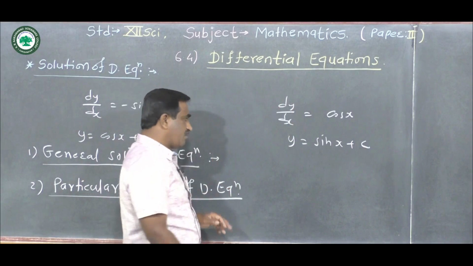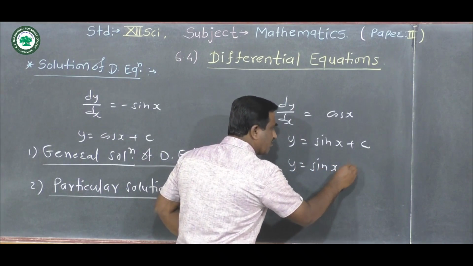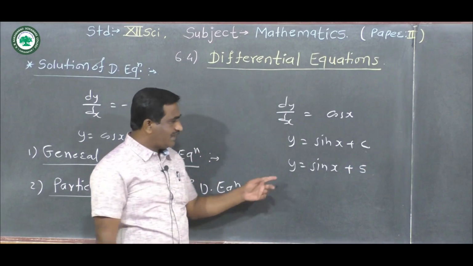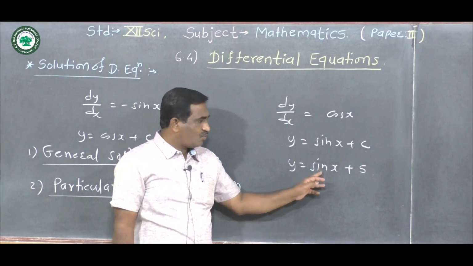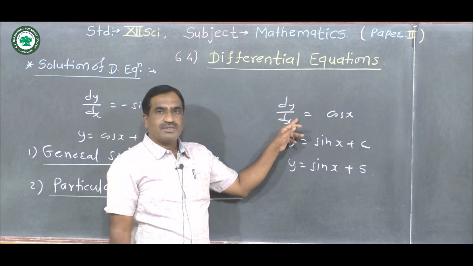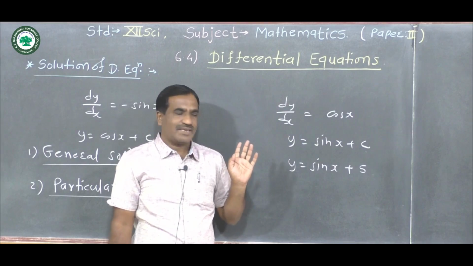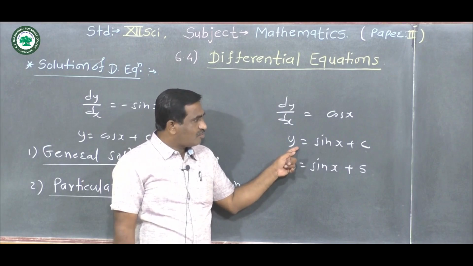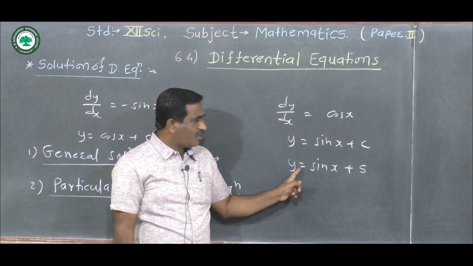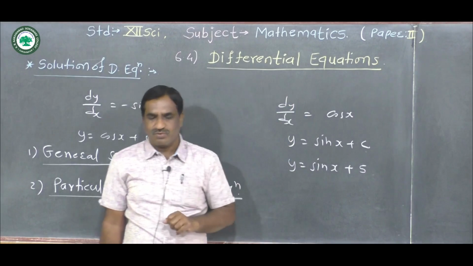And if we write y is equal to sin x plus 5, where the value of c is any constant, say 5, then this equation y equal to sin x plus 5 is a particular solution of the differential equation dy by dx is equal to cos x. So the first is the general solution and this is a particular solution of the differential equation dy by dx is equal to cos x.